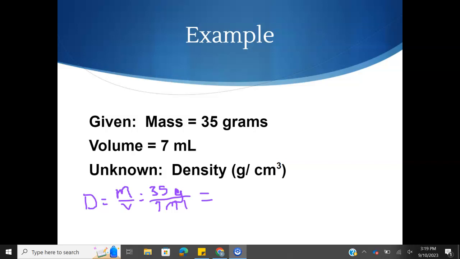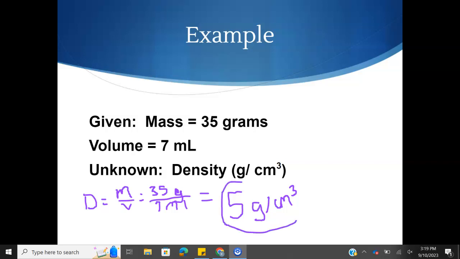So it would be 35 divided by 7, and that gives us a value of 5. Okay, so our density is going to be 5 grams per centimeter cubed. And again, that is the unit for density. All right, that is how you calculate for density.